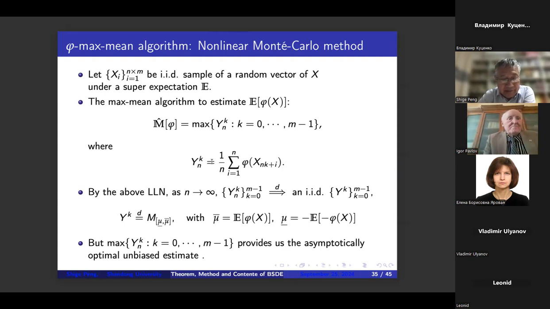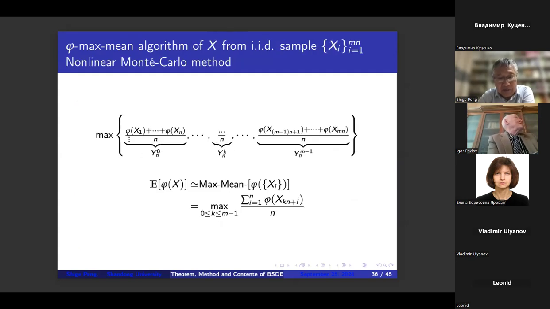What I mean is, if we want to calculate by using samples, for any given phi, if we want to estimate this value, then we already have this.